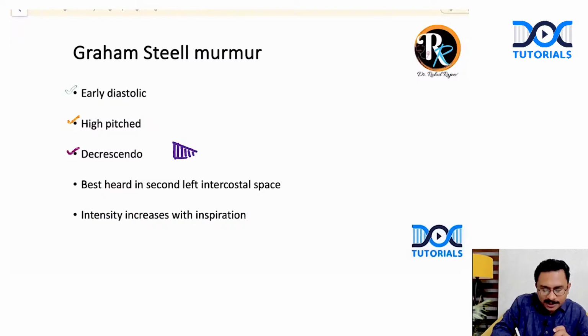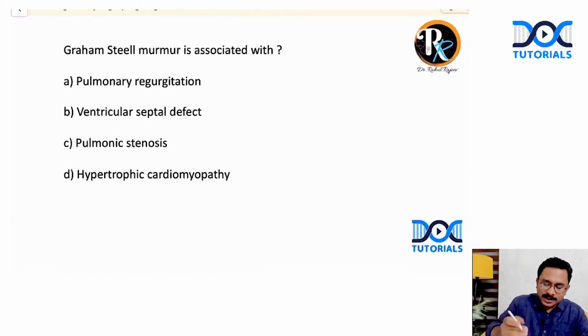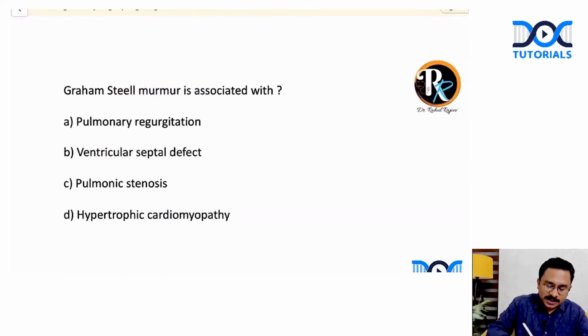Okay, that is called a decrescendo type of murmur. And it is best heard in the second left intercostal space close to the sternum. And the intensity of this murmur increases with inspiration. And what is the condition in which you get Graham-Steell murmur? It is pulmonary regurgitation. Pulmonary regurgitation is the condition where you get Graham-Steell murmur.